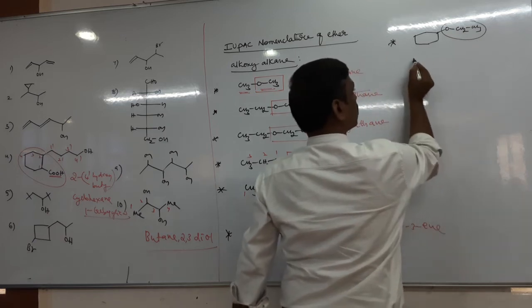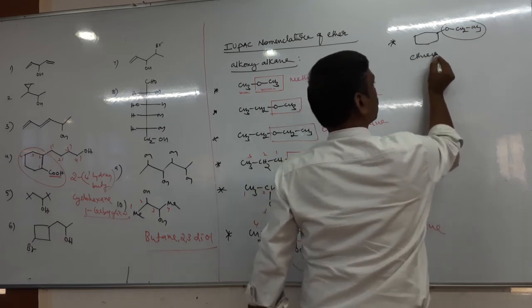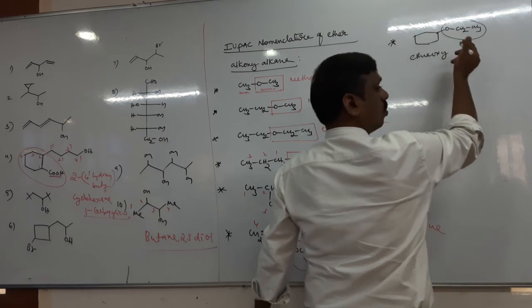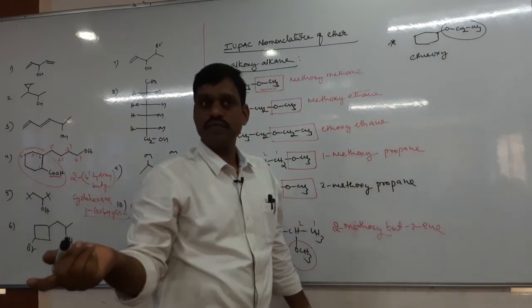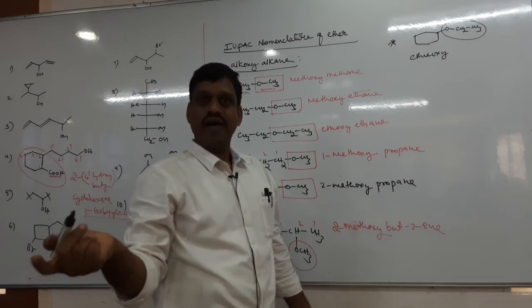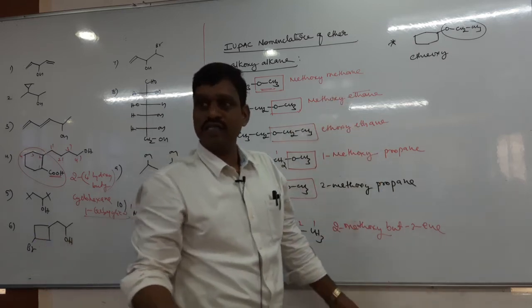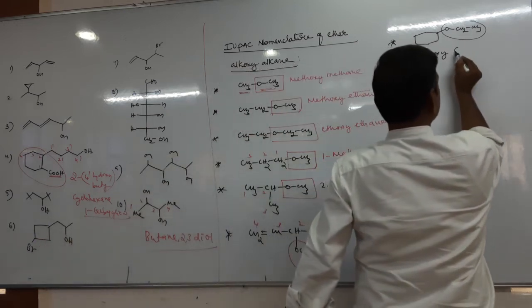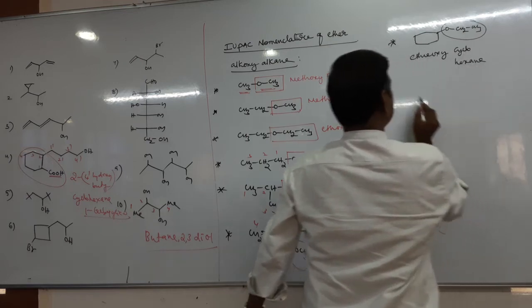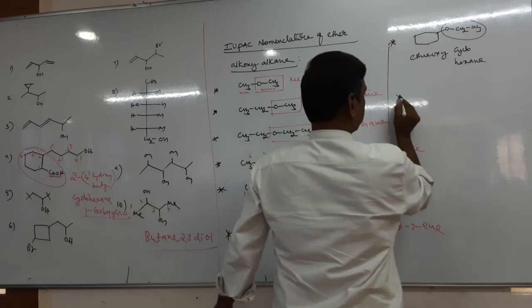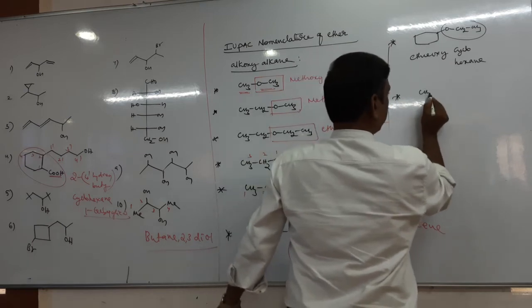Ethoxy. Cyclohexane. Alkoxy alkane, no? The alkane there is nothing but cyclohexane. So therefore ethoxy cyclohexane.